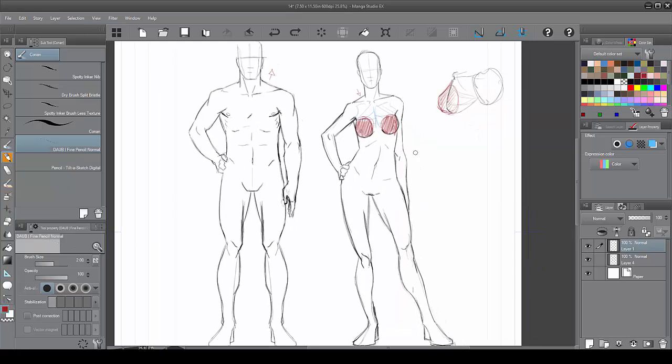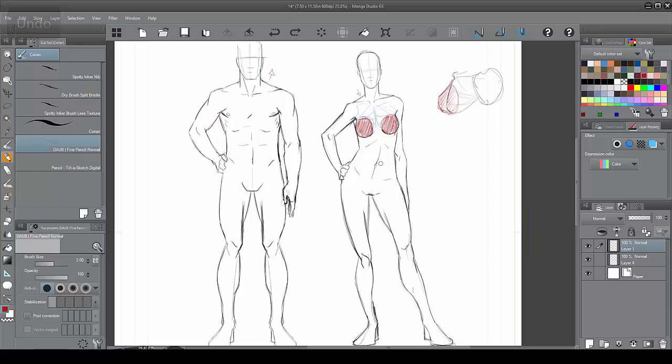So moving on, the next thing is the hips and shoulders, or I should say hips, waist and shoulders. So with a man, you generally want the shoulders to be wider than the hips. So you can see if I draw a line down here, the hips are much thinner than the shoulders are.